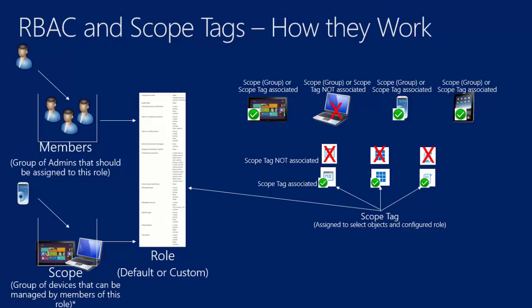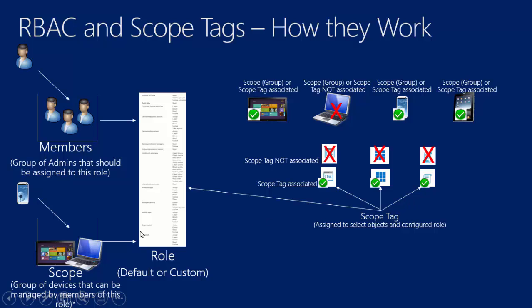Well, so let me fast forward a little bit. Whenever you actually build a role, the role doesn't do anything at all until you assign it to different places, right? So there's three places, three things. When you're assigning a role, there's three areas that you can plug in different configurations. So the role members is one. Then there's a scope under which the members of this role can apply their permissions. So this one's interesting, right? Because this option here and scope tags kind of are the same thing, right?